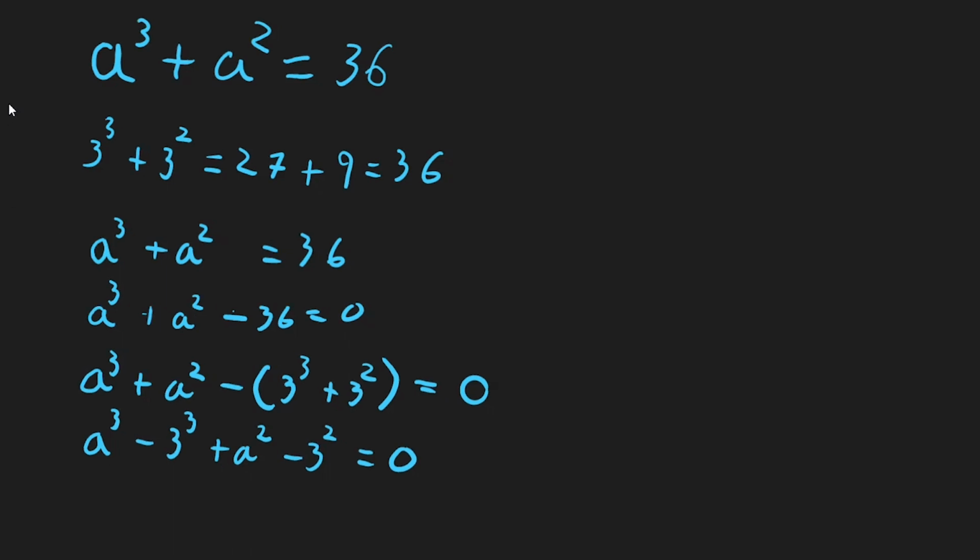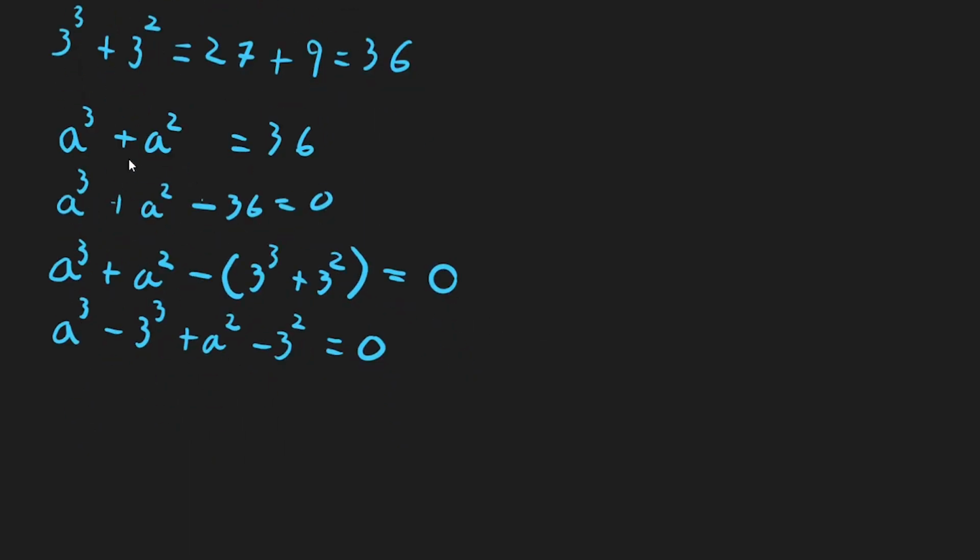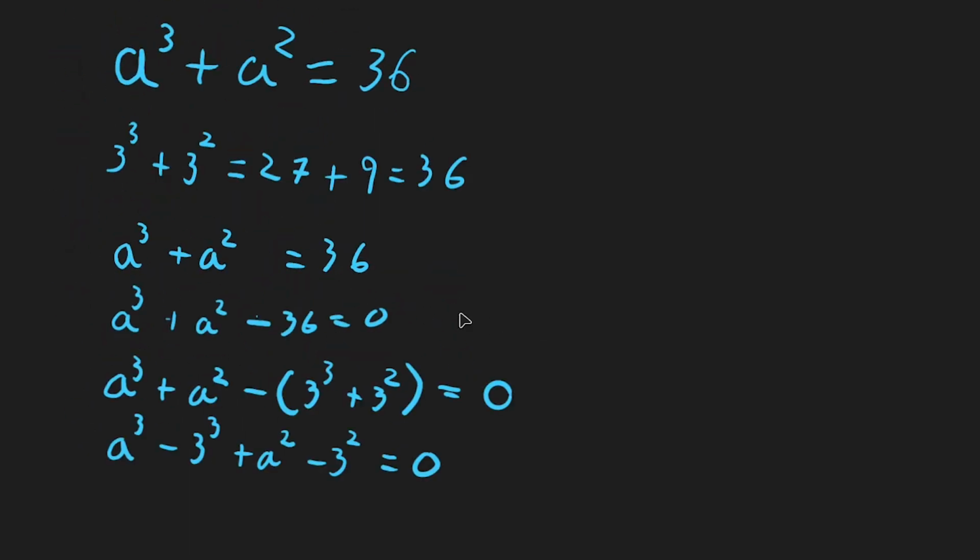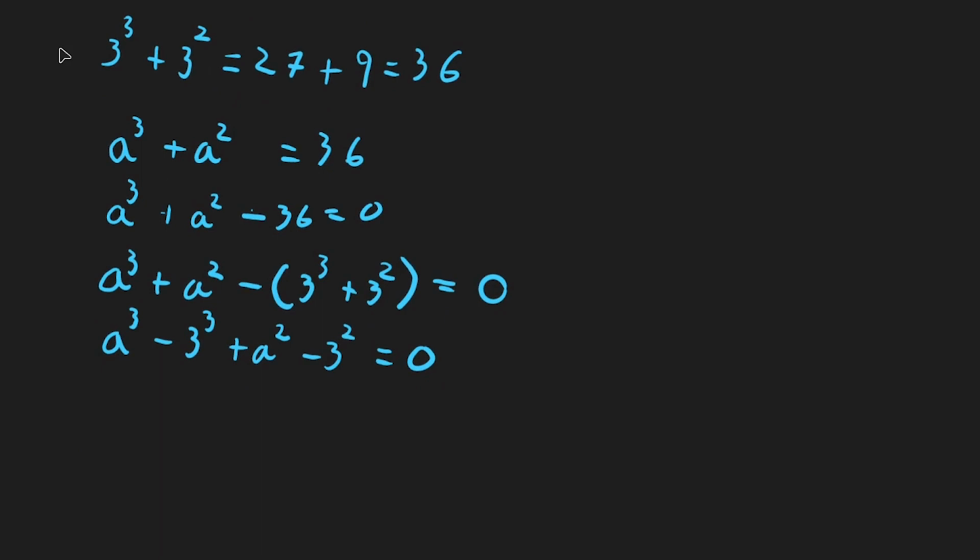All right, before we continue any further, we need to get some formulas written in. So first of all, we know if we have a cubed minus b cubed, that's not squared, that's cubed, obviously.